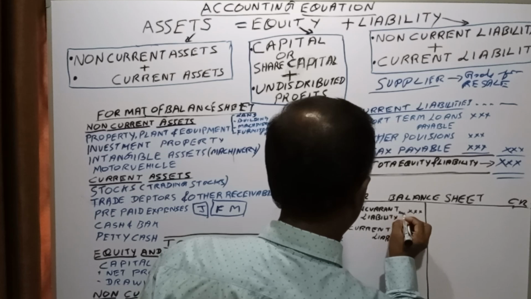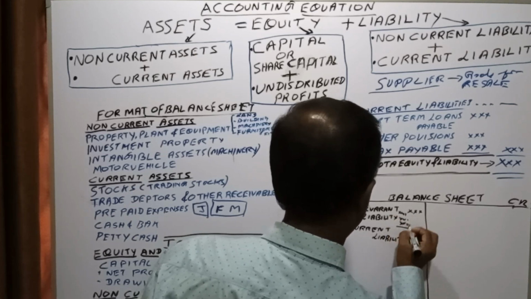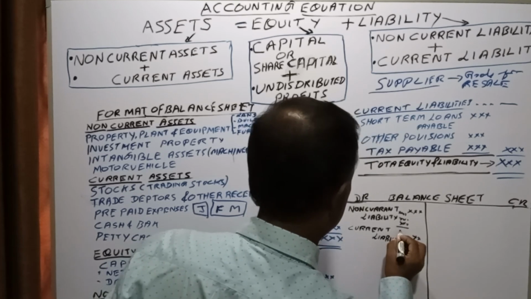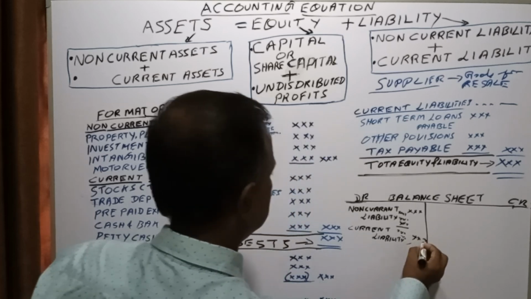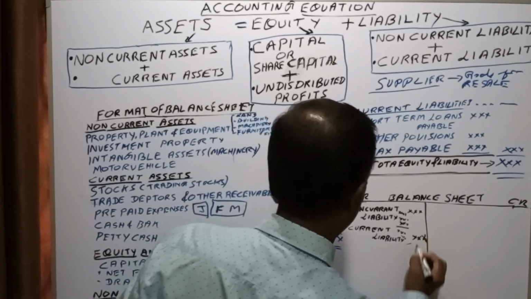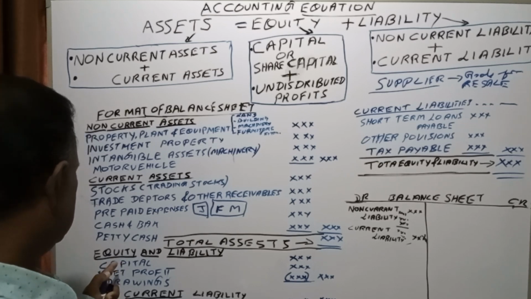There will be so many items here, then the total is there. Here is the total of non-current liabilities.